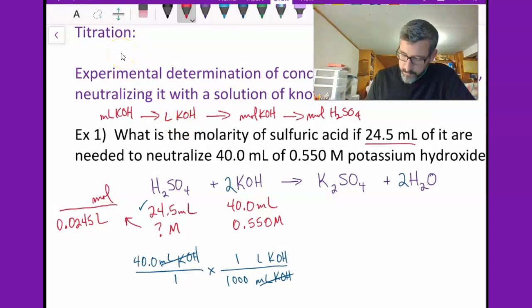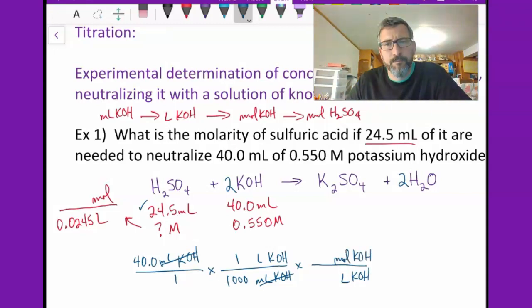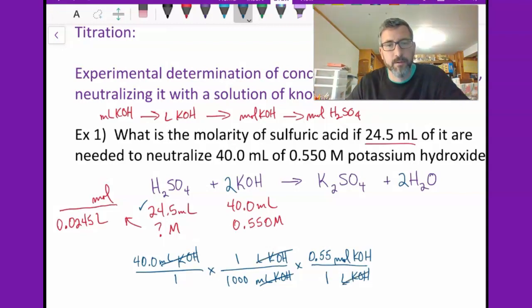Then from liters of KOH, I should be able to go to moles using what? Using the molarity, right? So right here, 0.550 molar potassium hydroxide means that that's how many moles I have per 1 liter, right?